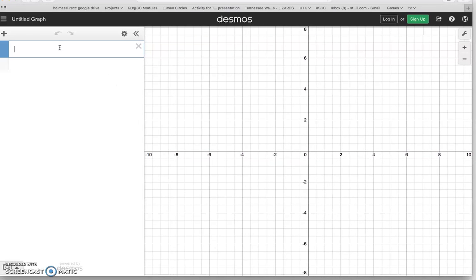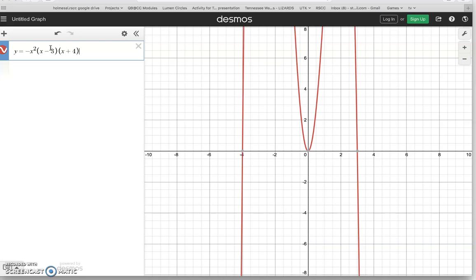So I am going to type our equation, which is y equals negative x squared times x minus 3 times x plus 4. And remember, to get an exponent, you hit shift and the 6 key. That's the little caret that looks like a little arrow pointing up.